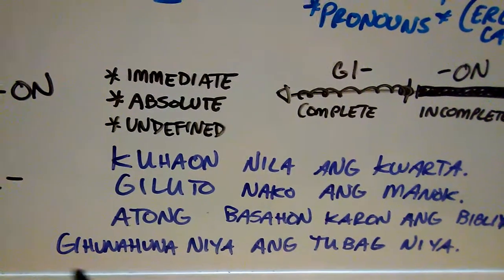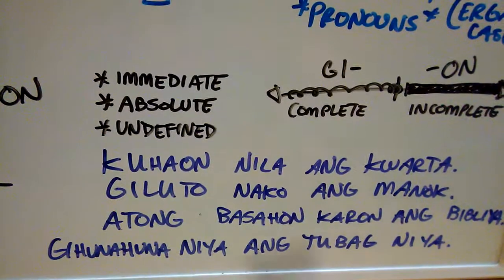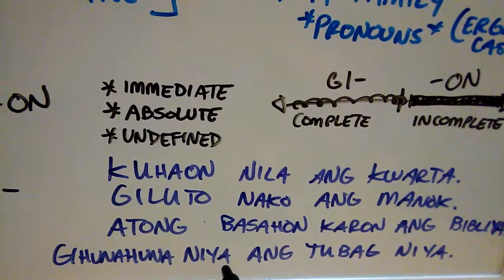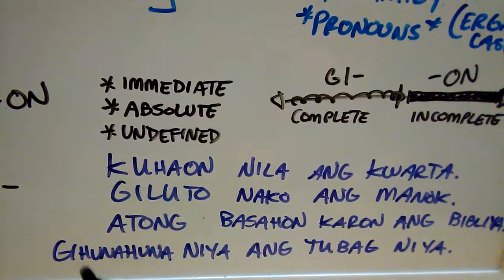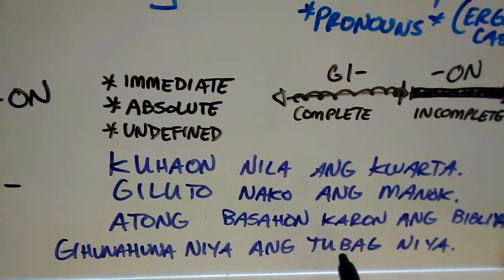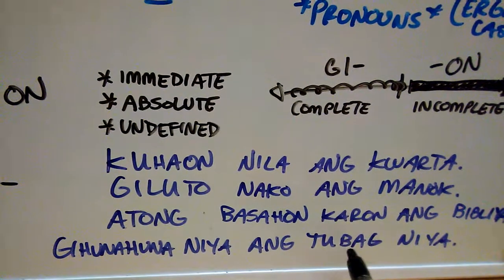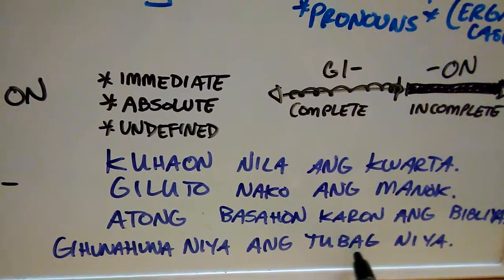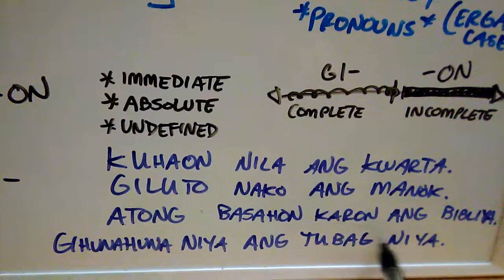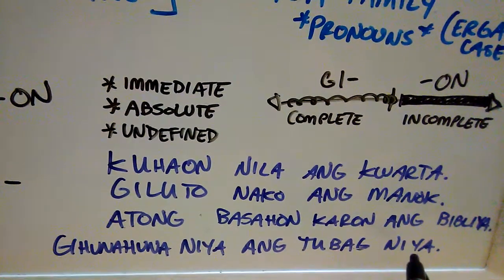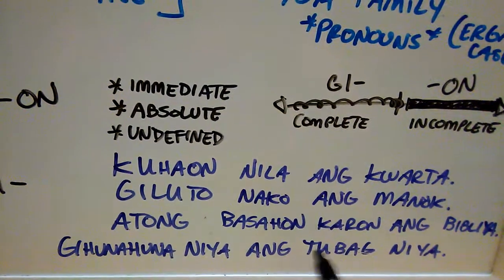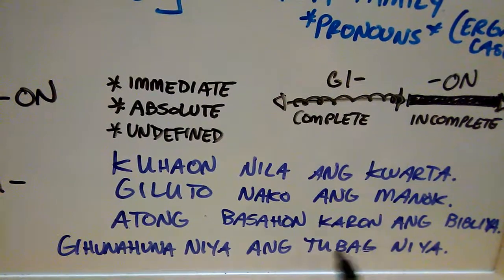So, gihunahuna niya ang tubag niya. Don't get this niya mixed with this niya, okay? Gihunahuna niya meaning she had thoughts. Ang tubag, tubag meaning answer. But niya is modifying this tubag because again, with an ergative case pronoun plus a noun, this means ownership or showing possession.